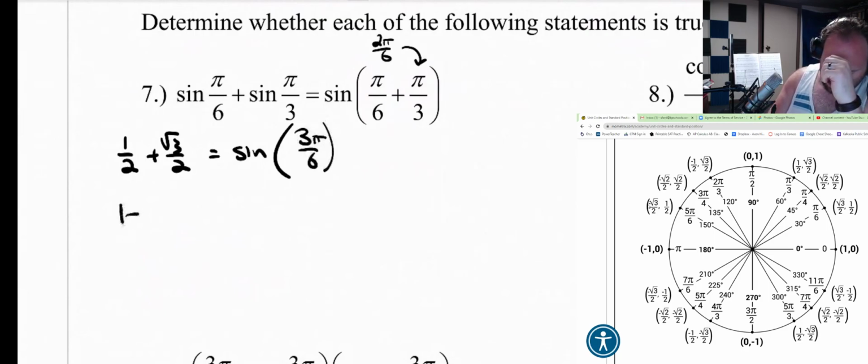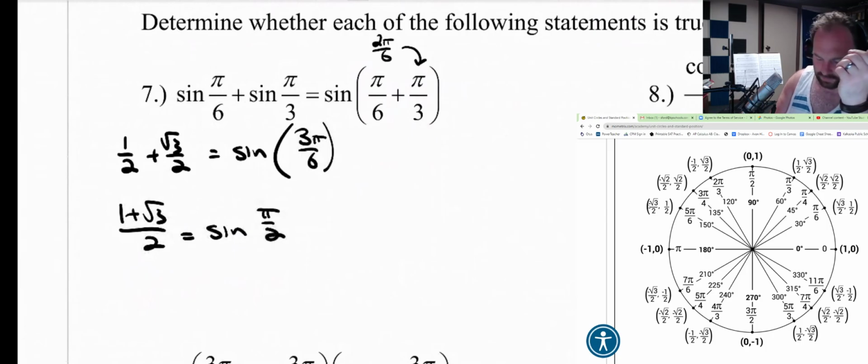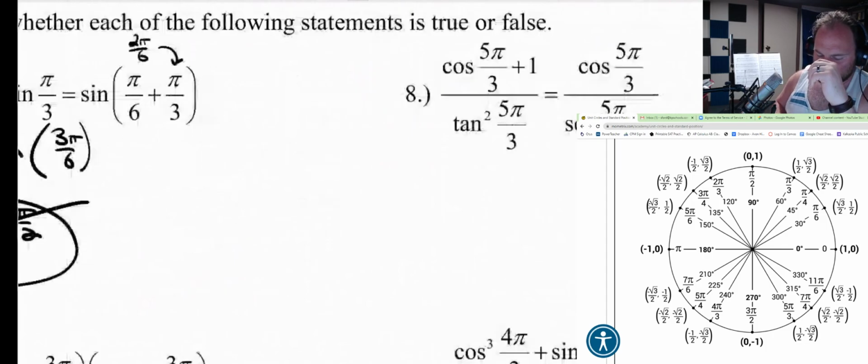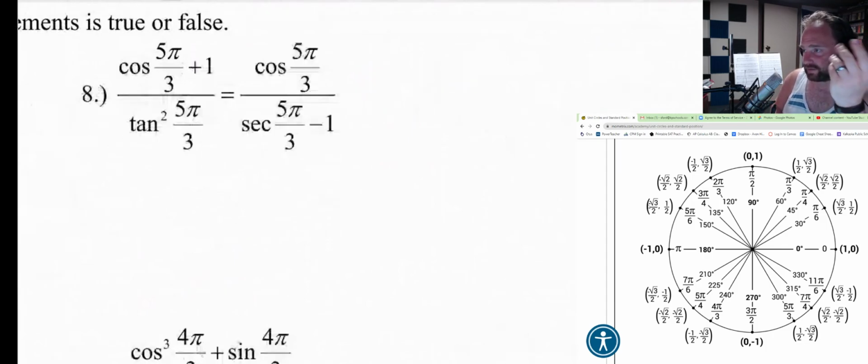So this is 1/2 plus √3/2, and is that equal to the sine of pi over 2, which is 1, which it is not. So this is a big fat no. False.